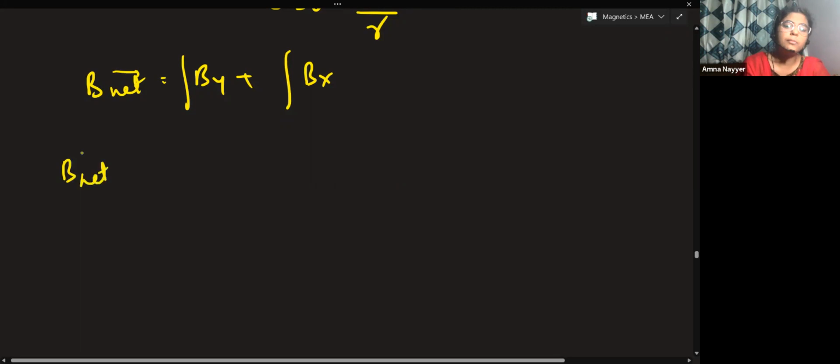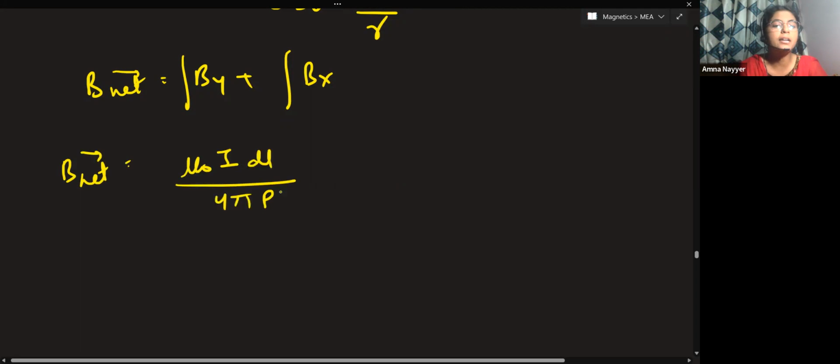So B net will be mu naught I dl divided by 4 pi r square. This is because of the element that we have taken, magnetic field because of Biot-Savart's law. And cos theta also we had calculated. This became R by small r.